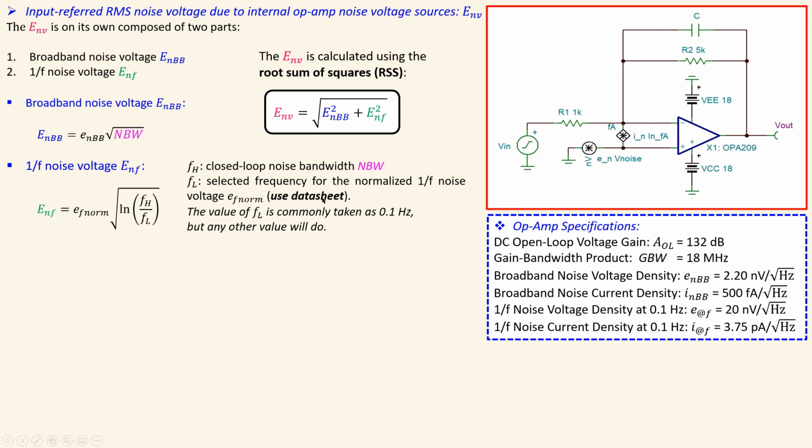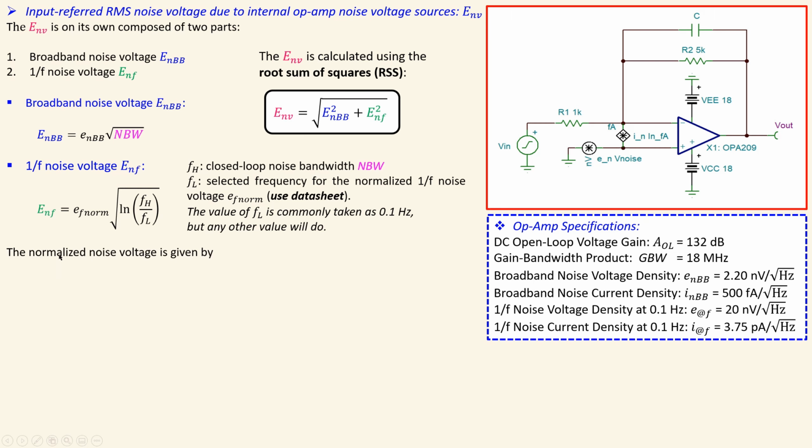And for that we will use the datasheet. You can see this value will be calculated at some frequency, and it is most of the time taken at 0.1 hertz, but any other value will do. If you look at the specifications for 1/f noise voltage spectral density at 0.1 hertz, you can see it is 20 nanovolts per root hertz. So that's actually for the case at 0.1 hertz.